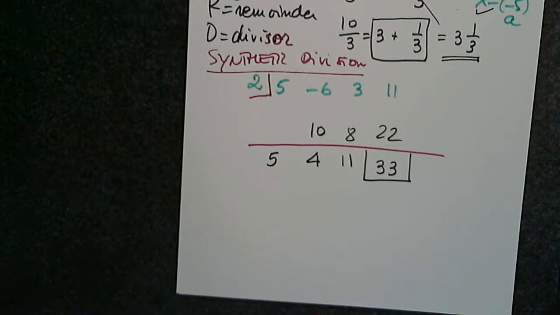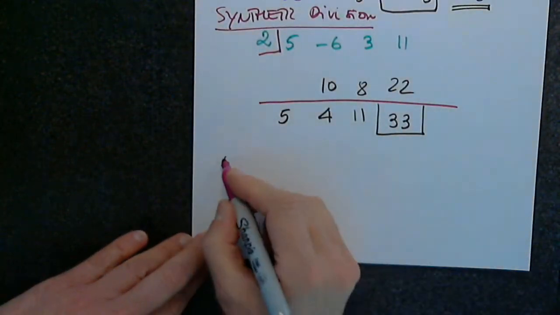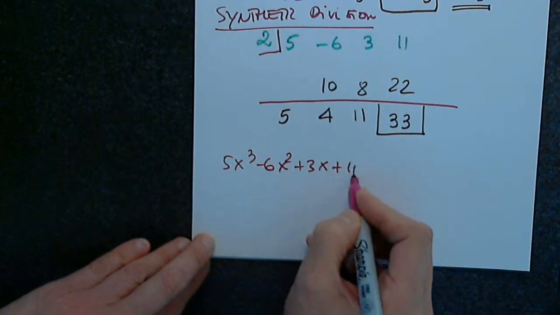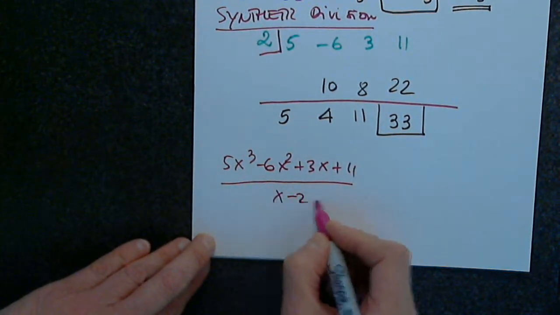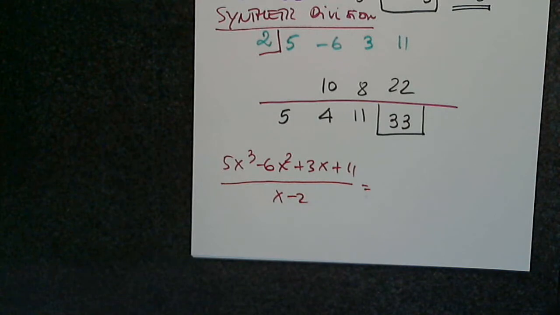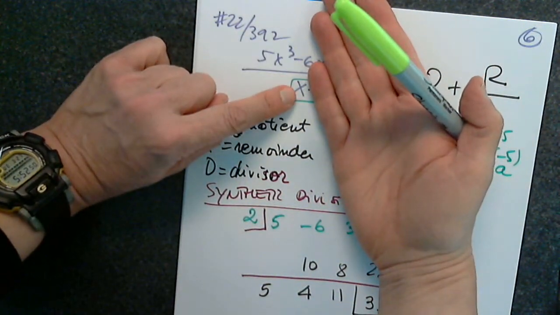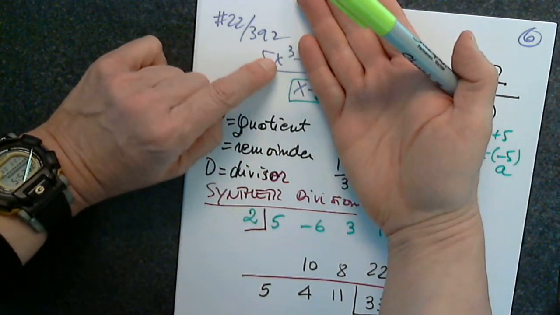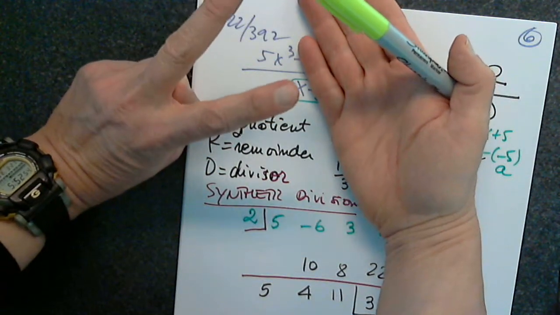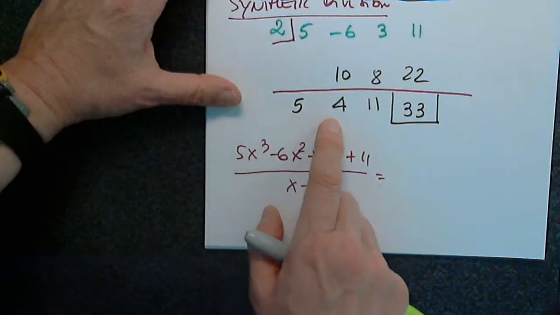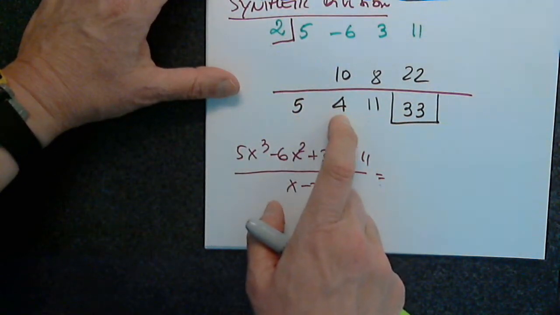So now can anyone give us the answer to the division of 5x cubed minus 6x squared plus 3x plus 11 over x minus 2? Before you give the answer, I want to point out one more thing. When I divide degree 3 by degree 1, what degree do I get? Perfect. So that's the coefficient of x squared.